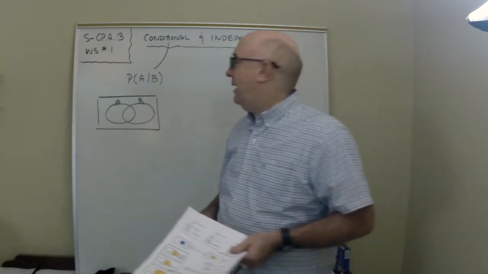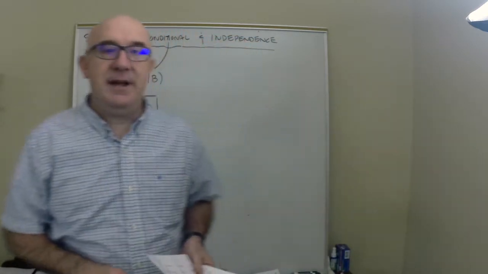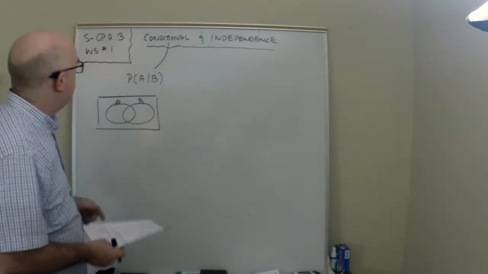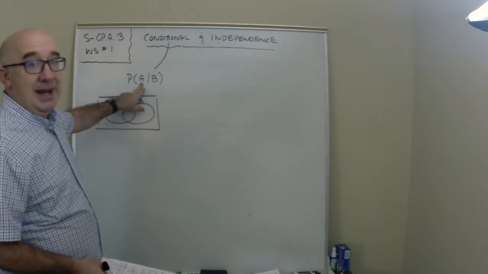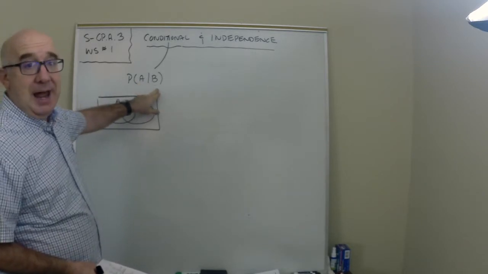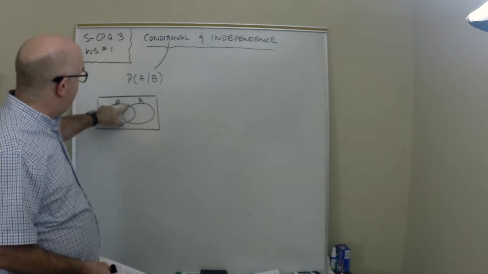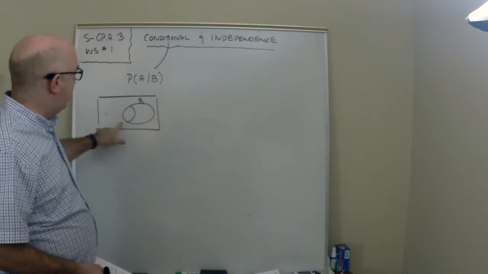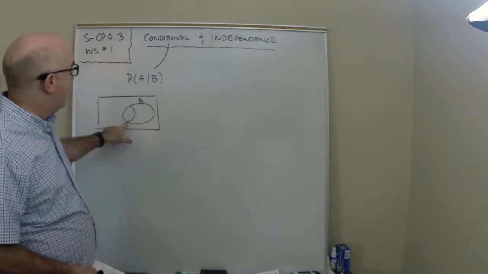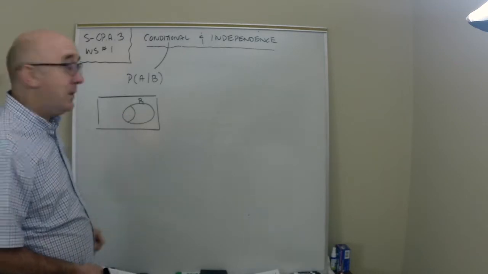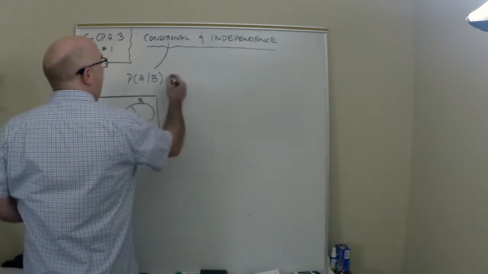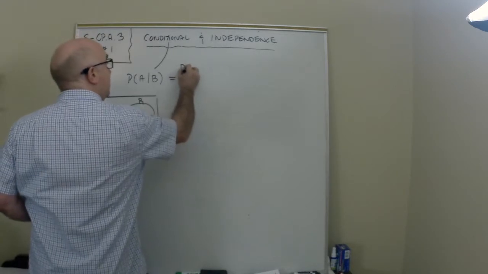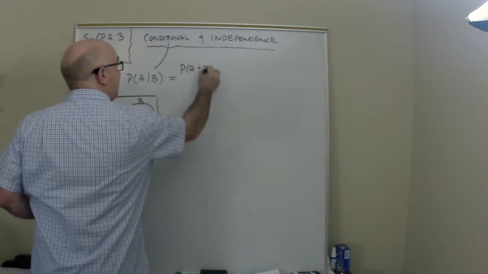So let me show you what that looks like in a Venn diagram. So here's what it means. What's the probability of A given that B has already happened? If B has already happened, basically we know one of these events here has happened. Notice A's gone now, except for this part of A. So the probability of A happening is that intersection, right?